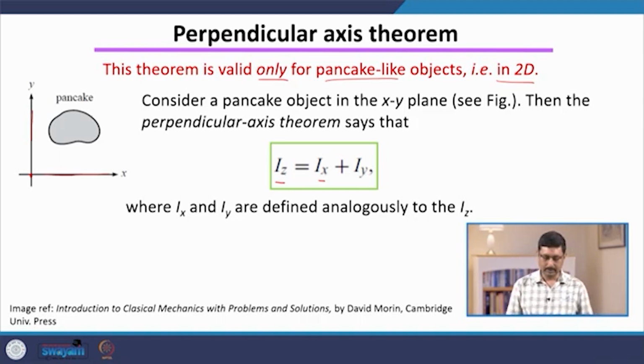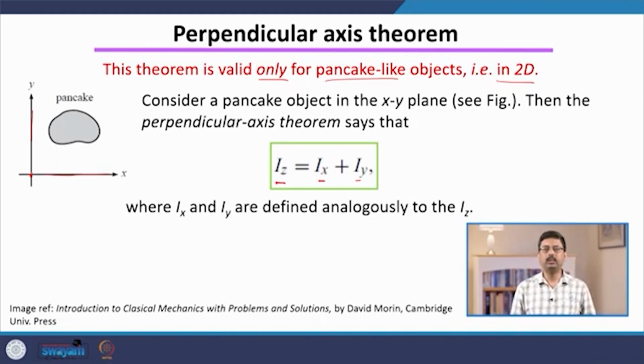Then the theorem says that Iz is a sum of Ix plus Iy. As long as it is the same pivot point, this is crucial to remember.